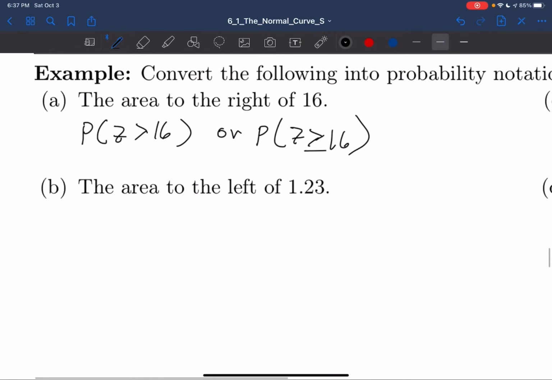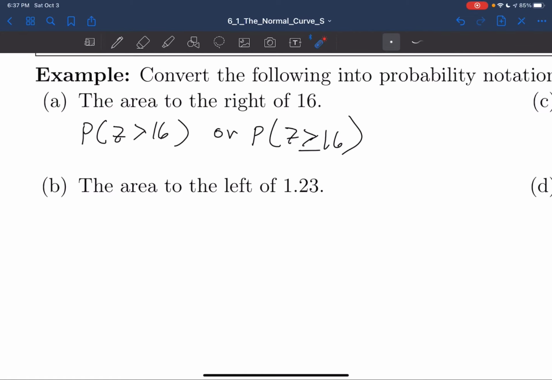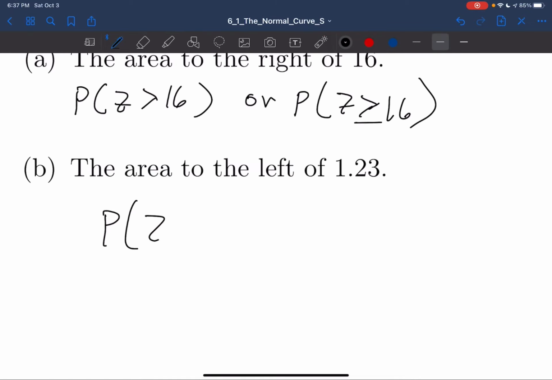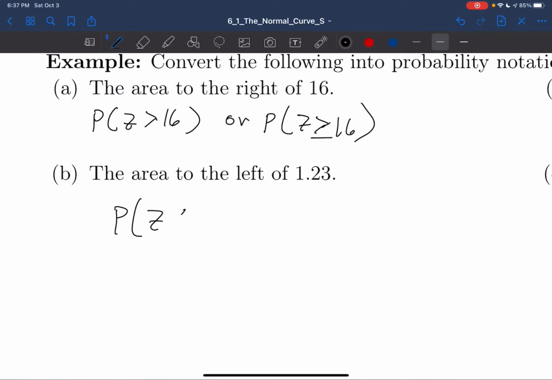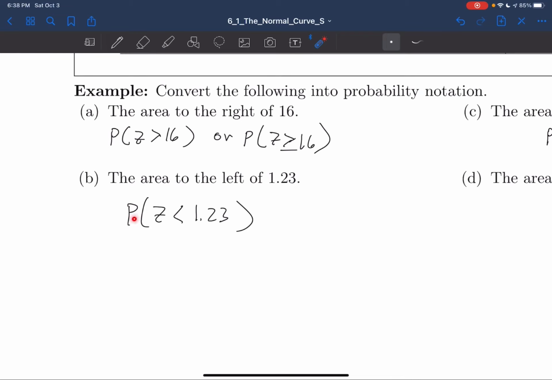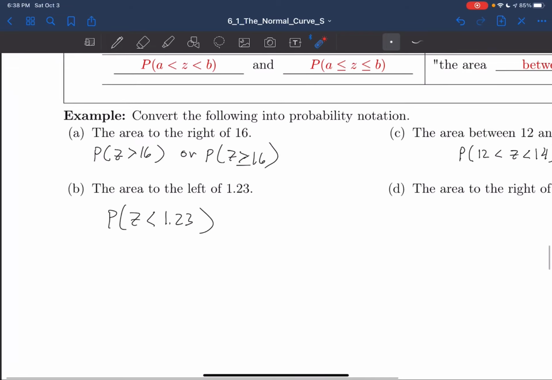How about the area to the left of 1.23? Notation-wise, this is just the probability of z less than 1.23. And the way I think about it is that the word left tells me the direction the arrow is pointing. So this arrow is pointing to the left. So this is just the probability of z less than 1.23, or to the left of 1.23.